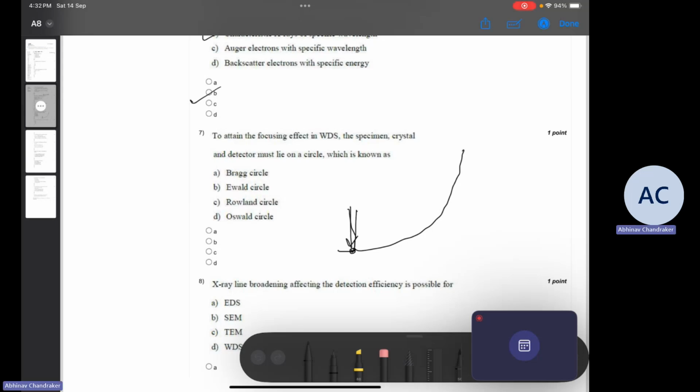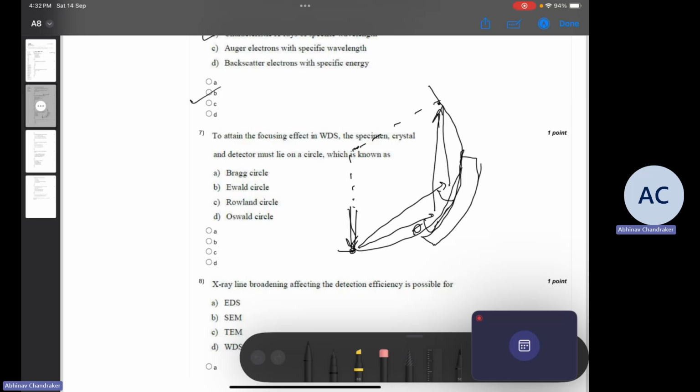This is where the BSEs are getting generated from, and the detector is here, let's say this is the center. Then these two angles will be the same. If this is the single crystal which is curved, these two angles will be the same.